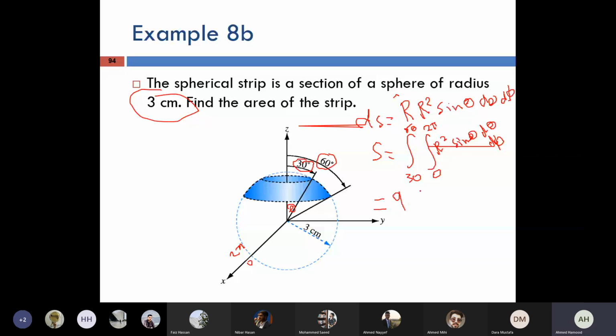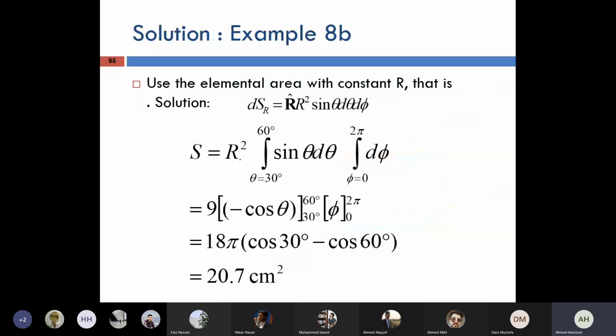Then you have the first integration from 30 to 60, for the variable theta, you have sine theta. Then the second one, integration from 0 to 2 pi for d phi. Since you identify these two, you just need to do the integration part.